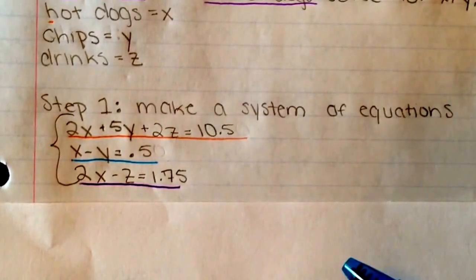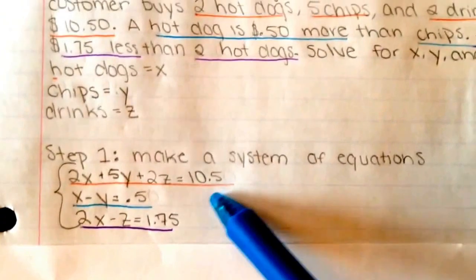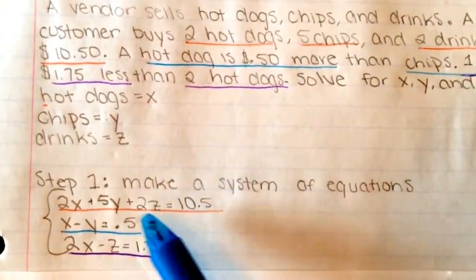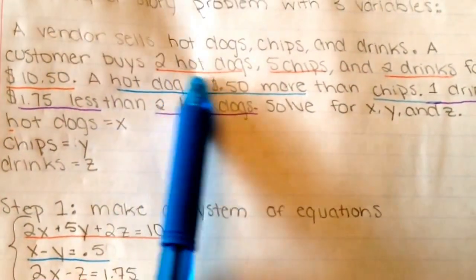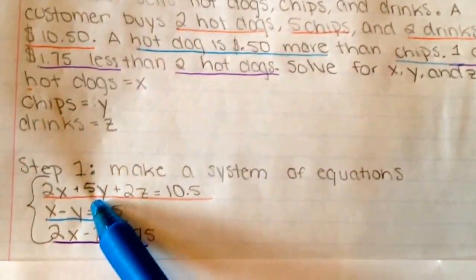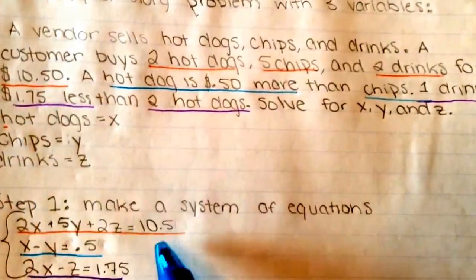Okay, so our first step is to make a system of equations. Our first equation is 2x, which is 2 hot dogs, and here it says we have 2 hot dogs. And then 5y, which is 5 chips, and 2z, which is 2 drinks, and all that together is $10.50.